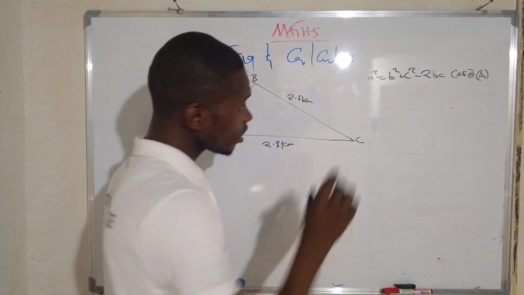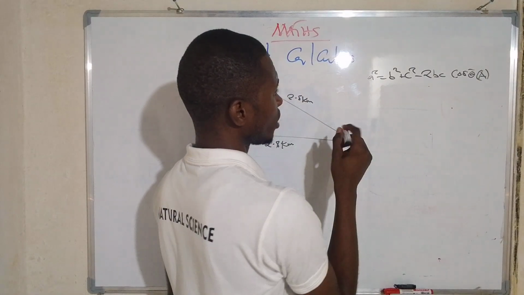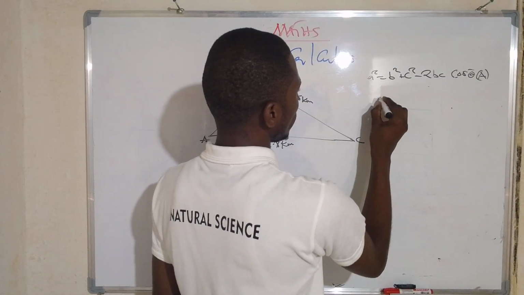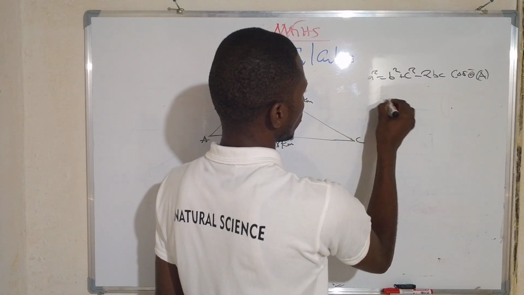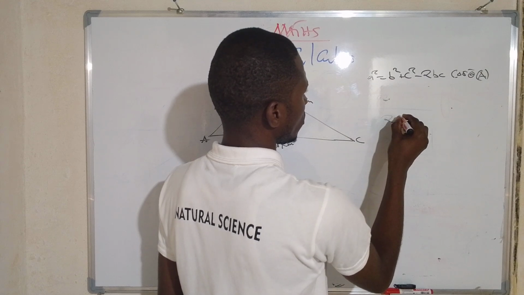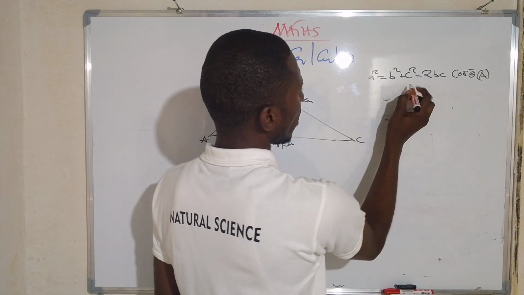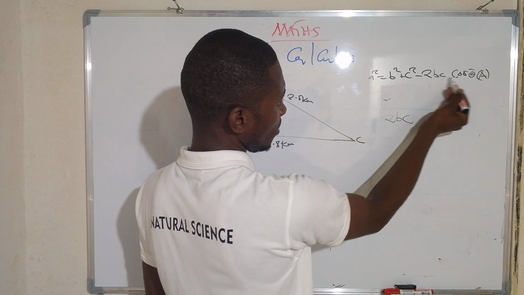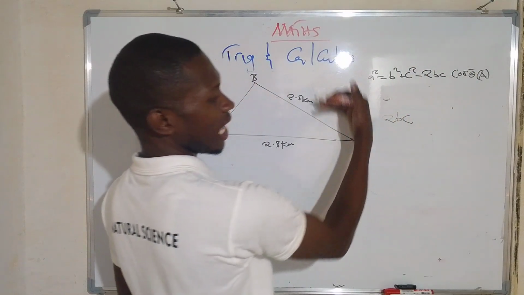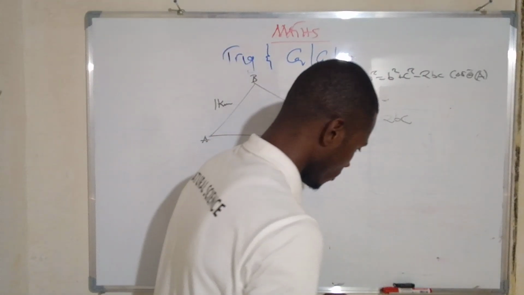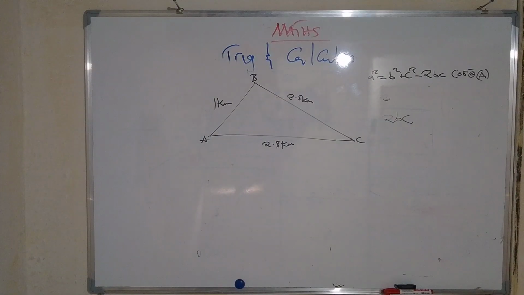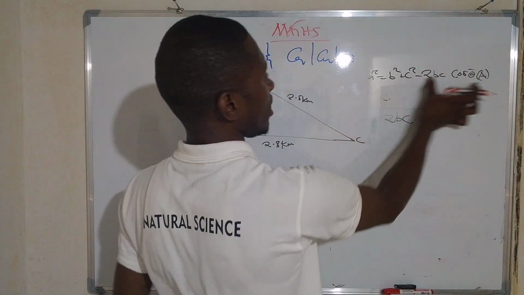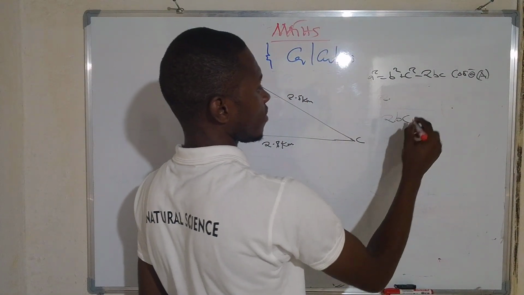Therefore, negative 2bc cos will come to this side, so this negative will become positive.